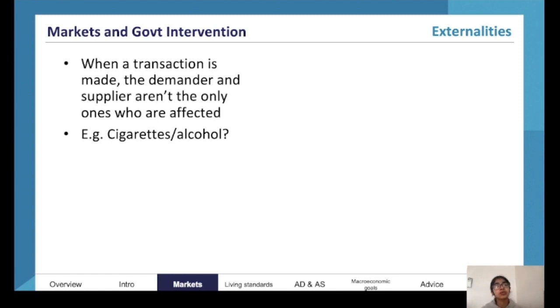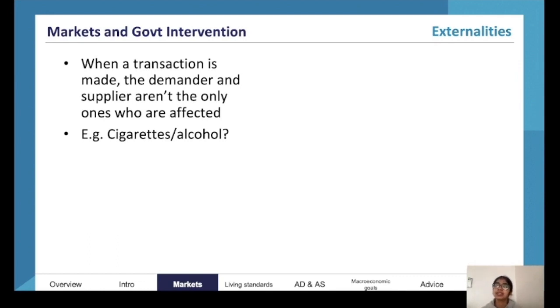The person smoking is going to affect the air around them. They're going to affect the people near them because of passive smoking, the smell of cigarette smoke in the air, and all of that. Maybe littering of the used cigarettes, the cigarette butts, and so on.